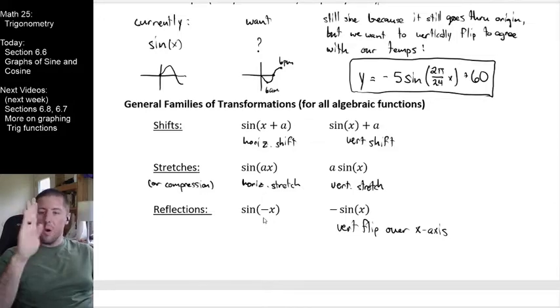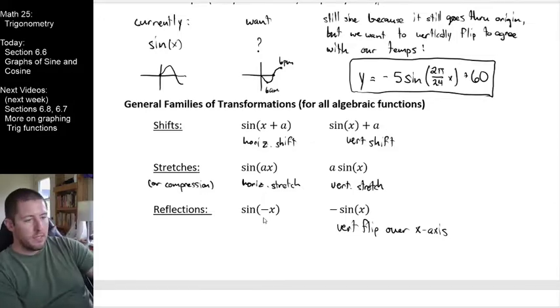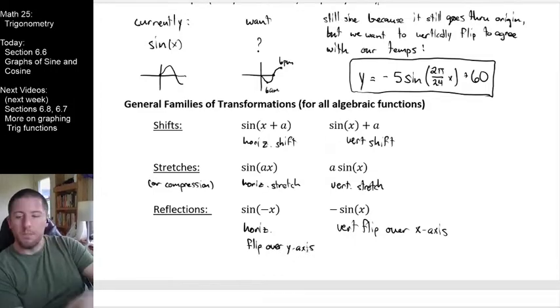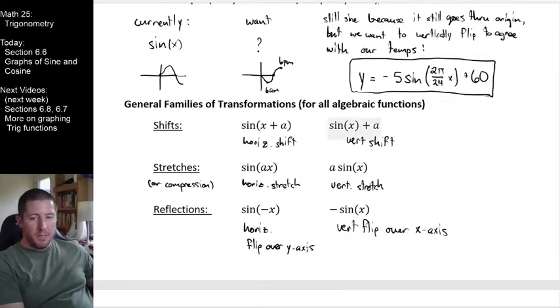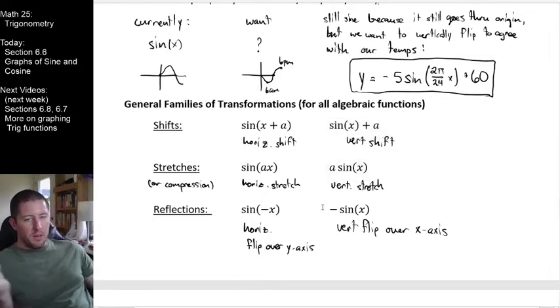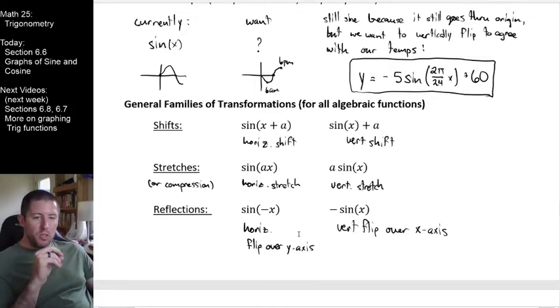And so that will give us a horizontal flip over the y-axis. So these are the general families of shifts we should expect to experience. I wrote them in terms of sine. This is true for literally any function, not just sine, not just trig stuff. I just wrote these here because this is the format we've been used to seeing.